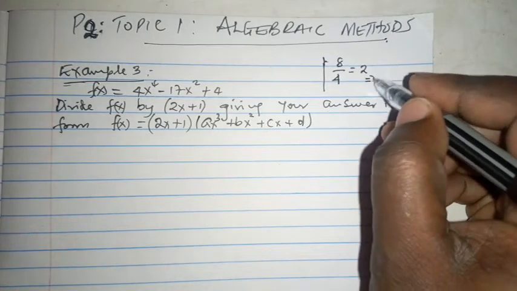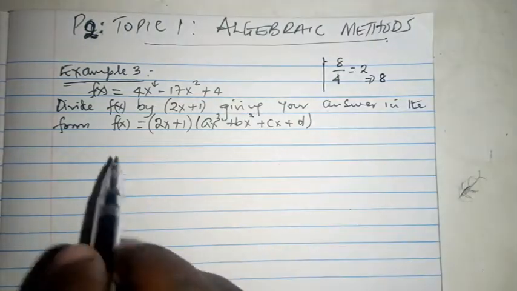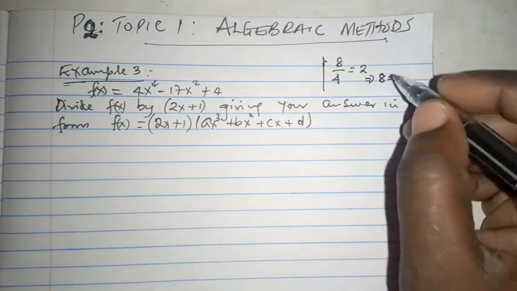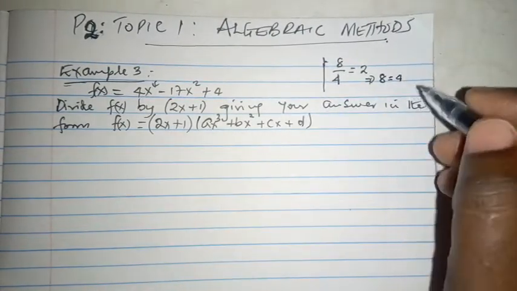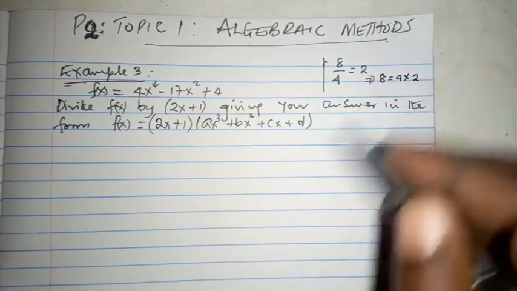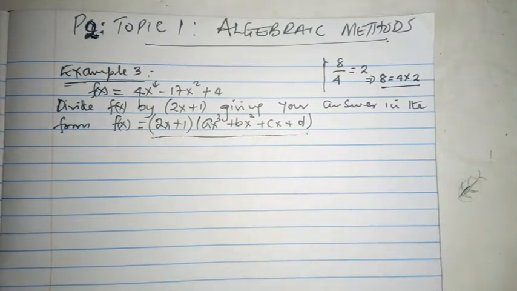If you cross multiply, you'll find that 8, which is this f(x), is given by the divisor, which is in this case 4, times the quotient, which is 2. So don't ask why we are having this. It is just following a very simple and primary knowledge about division.